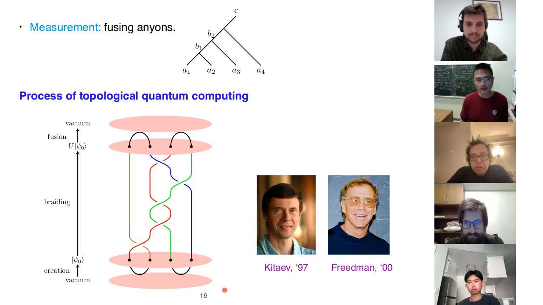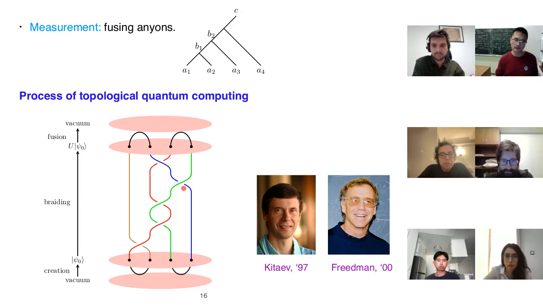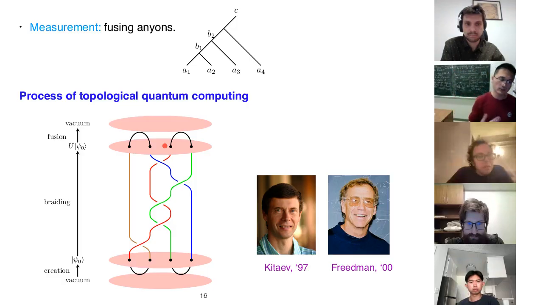We create some pairs of anyons to initialize the system to get the initial state, and then we braid these anyons in some sequence to act as quantum gates, and then eventually we fuse these anyons back to the vacuum to make a measurement. This way of quantum computing was proposed by Kitaev and Freedman in the late 90s and early 2000s.